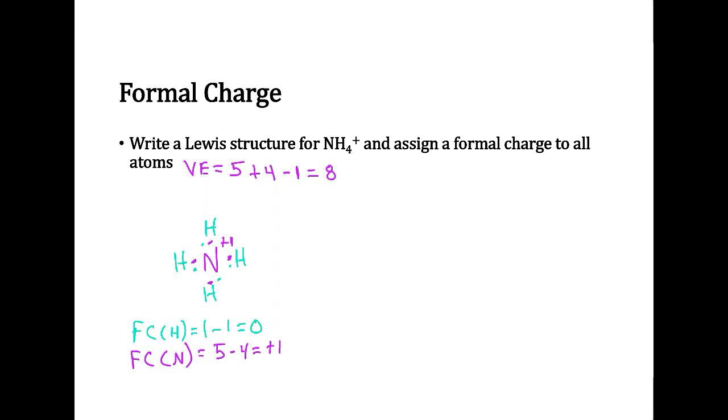A really important point to make right now is that whenever you're trying to figure out whether something obeys the octet rule or if it has a formal charge, there's a difference. If you're looking at the octet rule, bonding pairs or bonds count as 2 electrons.